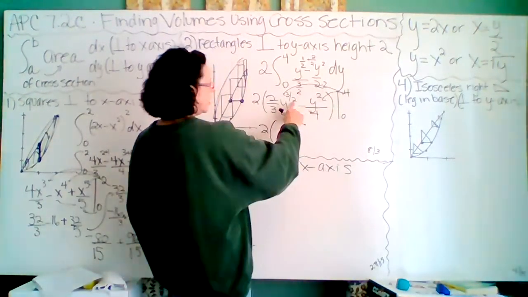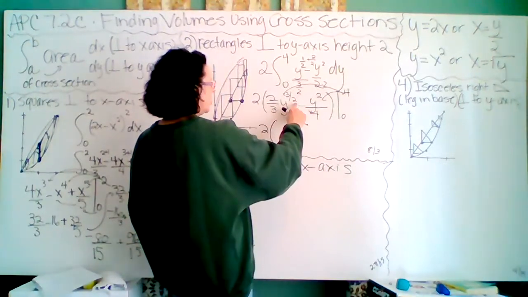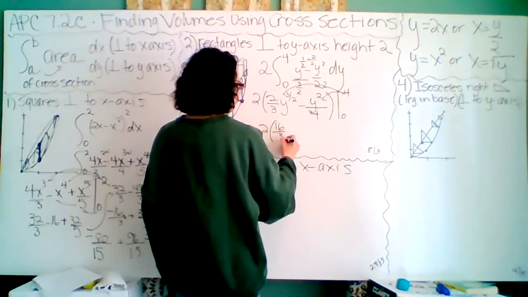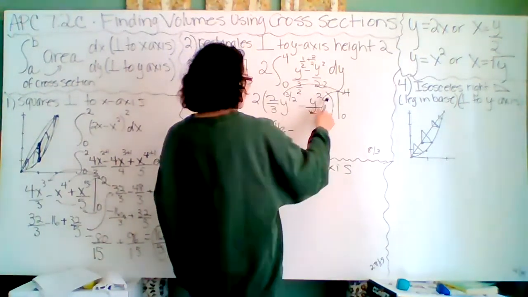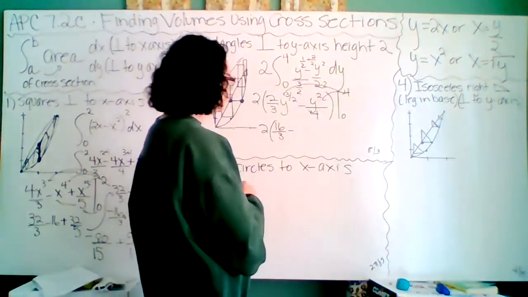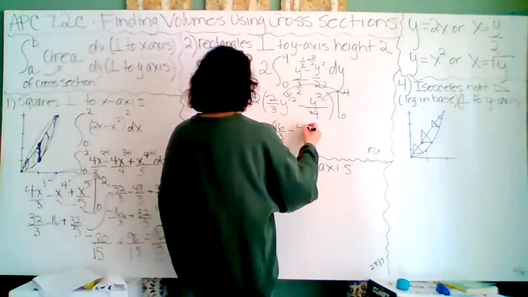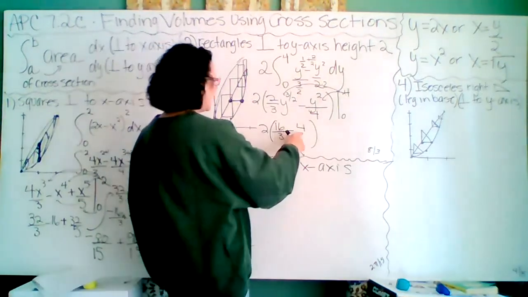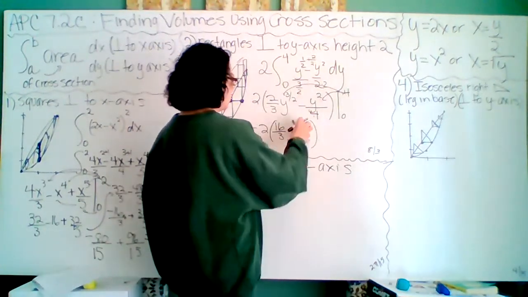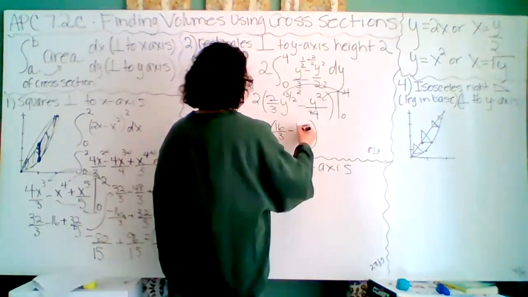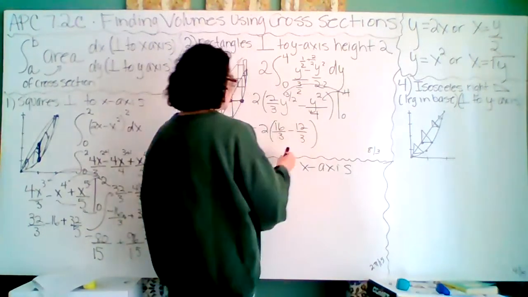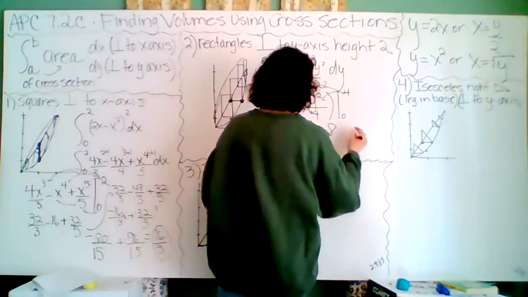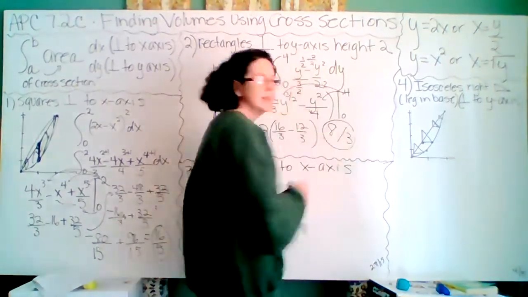When I put a 4 in, the square root of 4 is 2, cubed is 8, times 2 is 16/3, minus, this is going to be 16 divided by 4, which is 4. So in the interest of saving room, I'm going to write my 4 as 12/3. So I have 4/3 times 2 is 8/3. Is this volume?